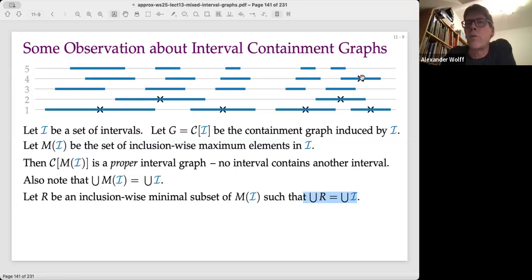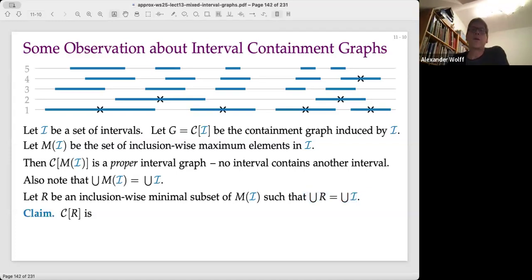It is one of the maximal elements, but if I remove it, I will still cover everything. Whereas if I remove this one, there will be a small gap that is not covered. So I better keep this one, and I cannot remove any other one.